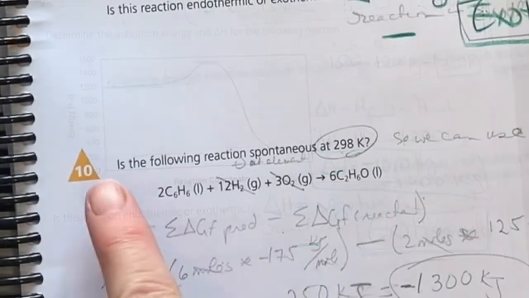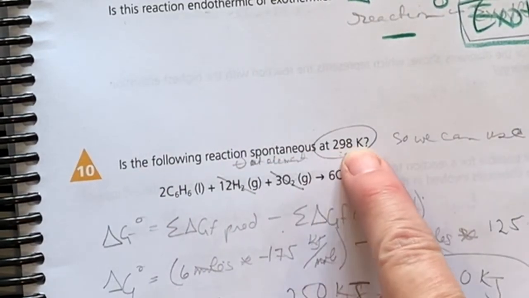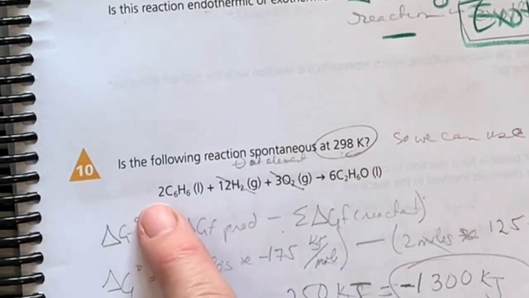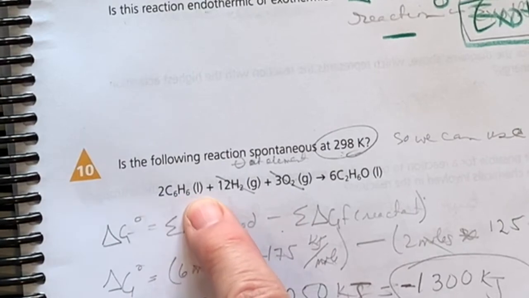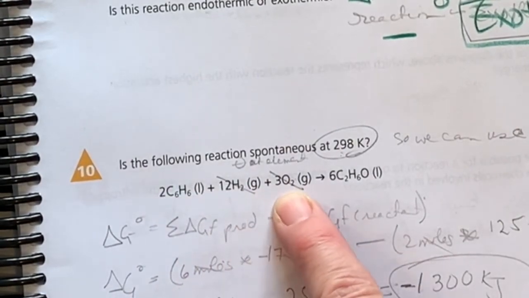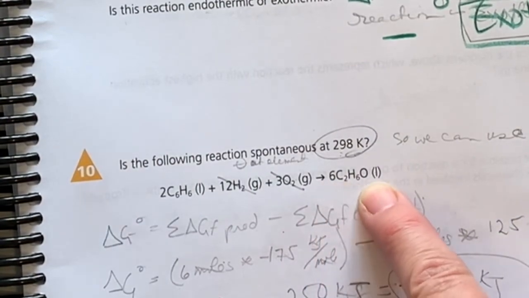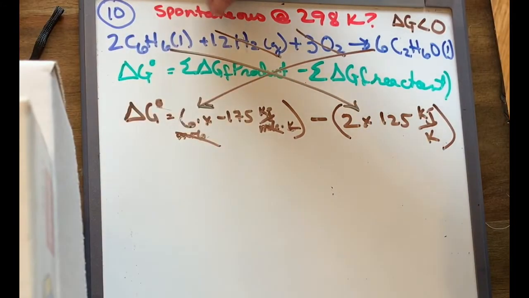All right, for number 10, is the following reaction spontaneous at 298 Kelvin? 2 C6H6, which is liquid, plus 12 H2 gas, plus 3 O2 gas makes 6 C2H6O. So we have our reaction written out.